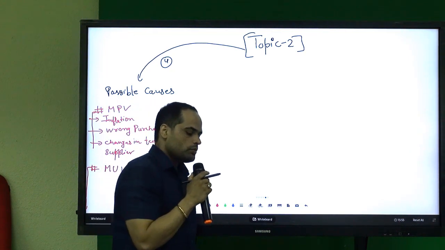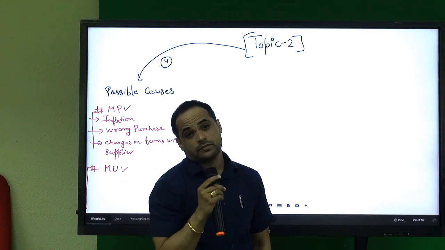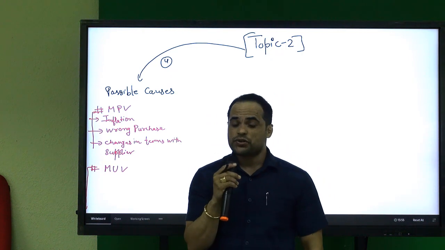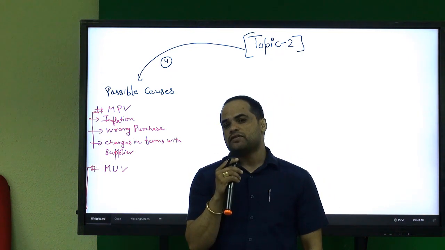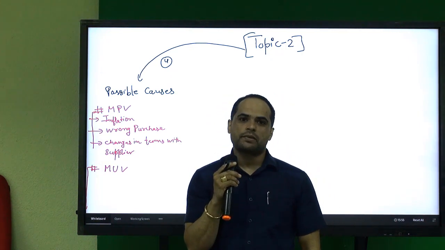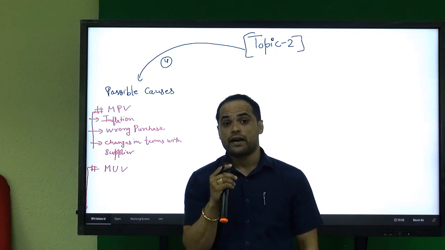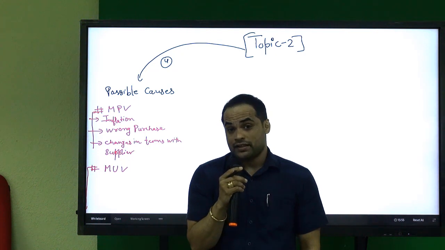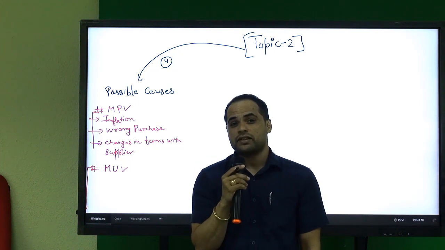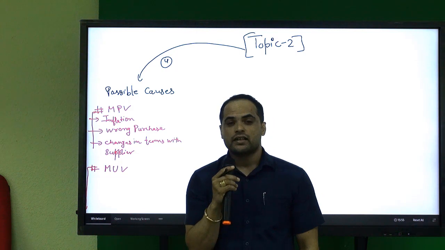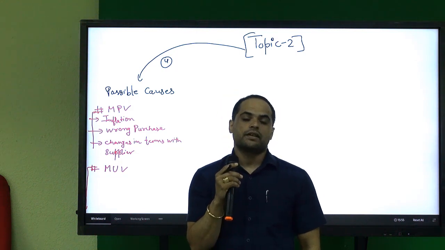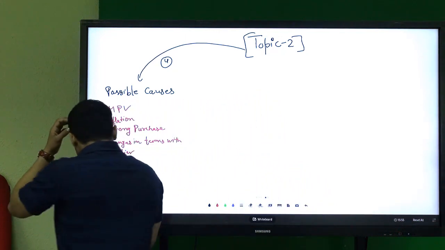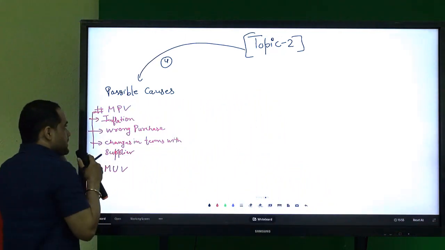Another example could be if the supplier goes bankrupt, and we know that the existing supplier used to give us discounts. If the supplier goes bankrupt, we have to find a new supplier, and of course we have to pay a higher price, because a new supplier is less likely to give us a discount. As a result, our material price and material cost will be increased. So that's about the material price variance.